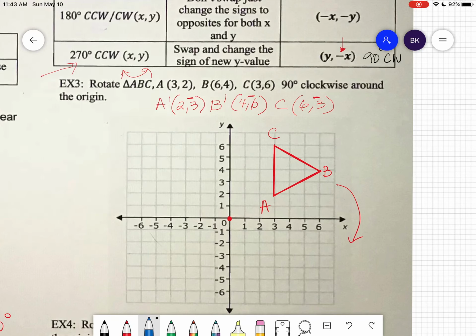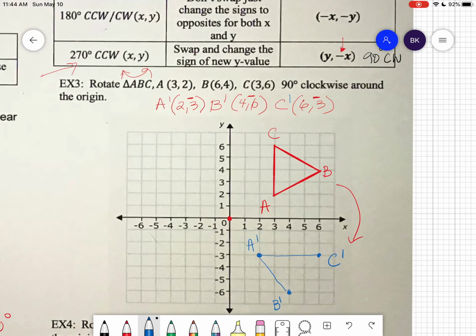I'm going to use blue for my new shape. So 2, -3, that's my A prime. B prime is going to be 4, -6. That's B prime. And C prime, I forgot prime, is going to be 6, -3 right here, C prime.